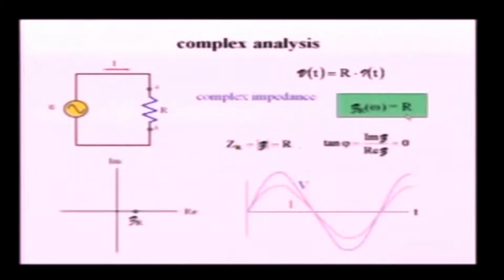If it is 10 ohms, the imaginary part of this number is 0, correct, and real part is 10. Yes, I will have 0 over 10. Tangent phi is 0 over 10. Tangent of what angle is equal to 0? 0, correct. So we see that the phase angle is 0.